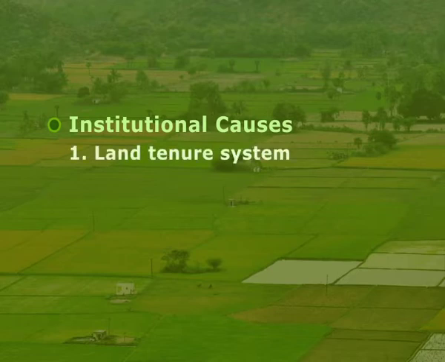Now we will look at institutional causes. Number 1 being land tenure system. Perhaps the most important reason of low agricultural productivity has been the zamindari system. Highly exploitative in character, this system drained out the very capacity, willingness and enthusiasm of the cultivators to increase production and productivity.